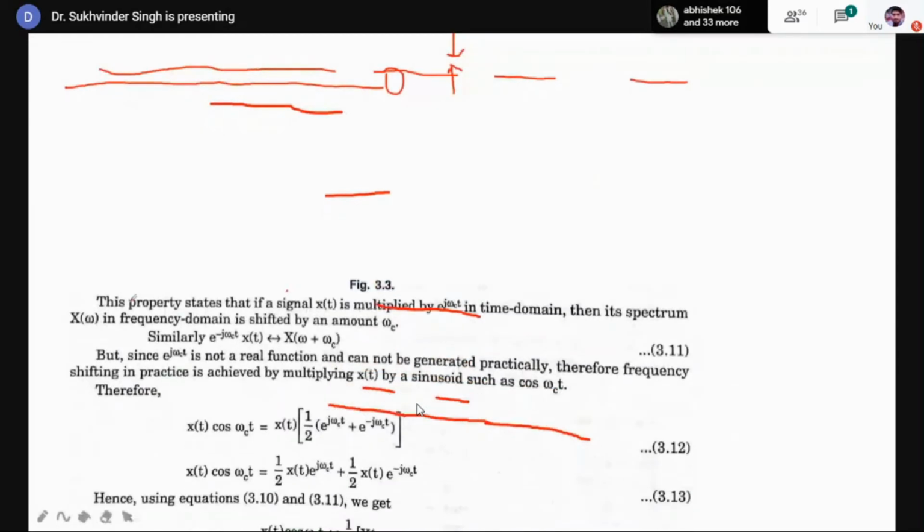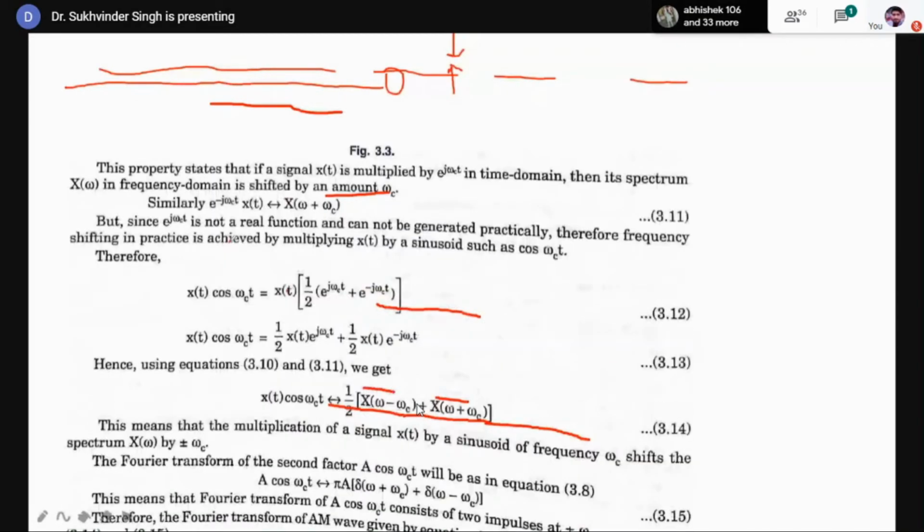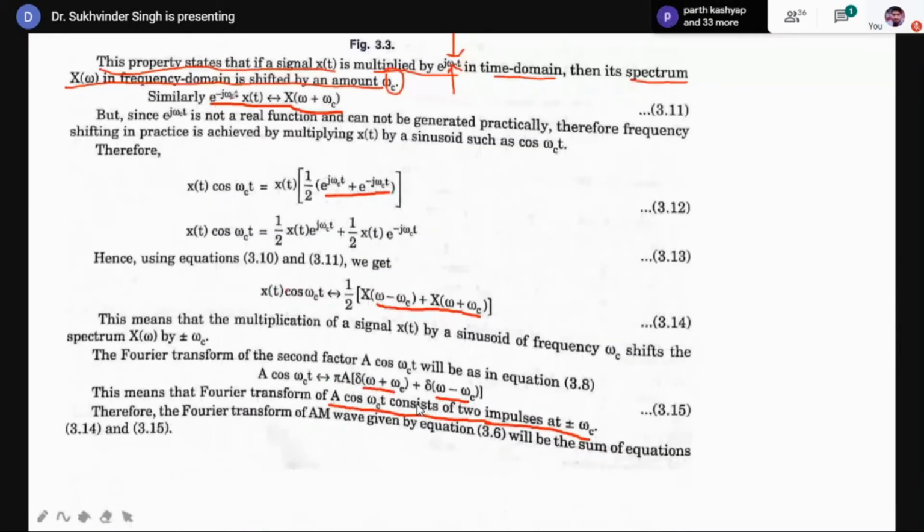But if we take the exponential minus j omega_c t, then again there will be a shift of omega_c, but it will be shifted to higher frequencies now, and we will get a shifted function as X(omega plus omega_c).